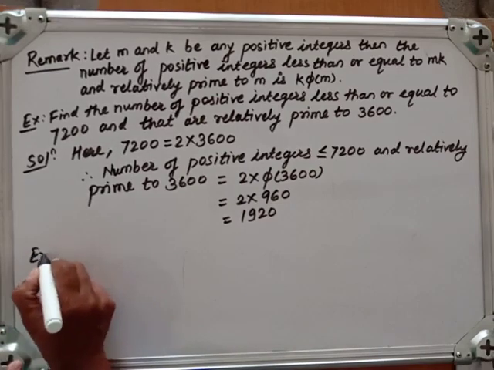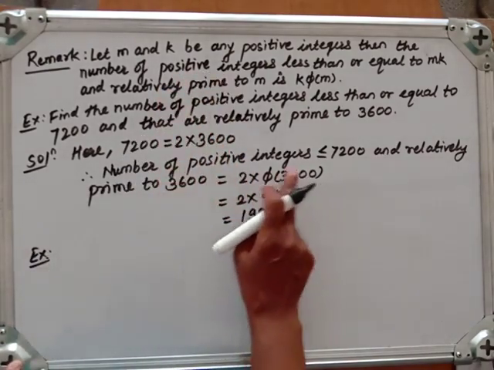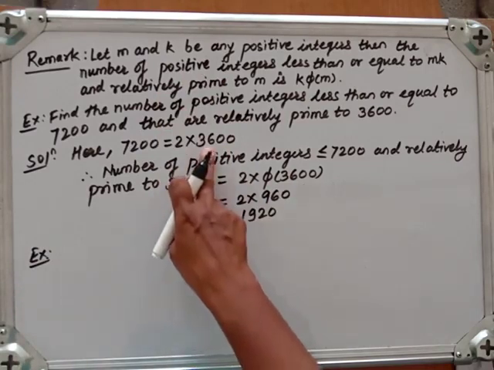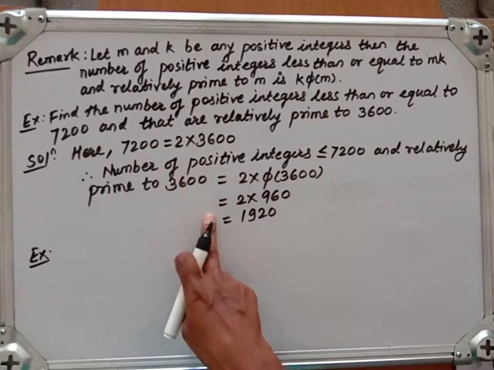Similarly, let me solve one more. It is of the same kind. Remark is given for such integers. If we find phi of 3600, then we can determine this one also.